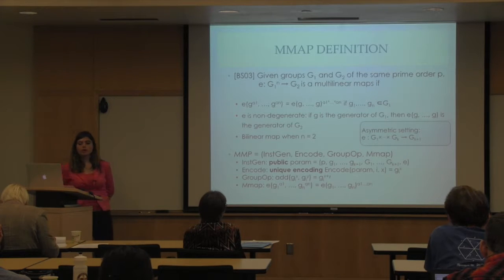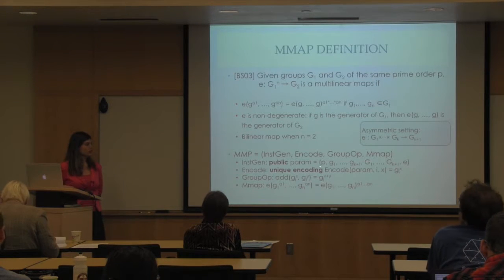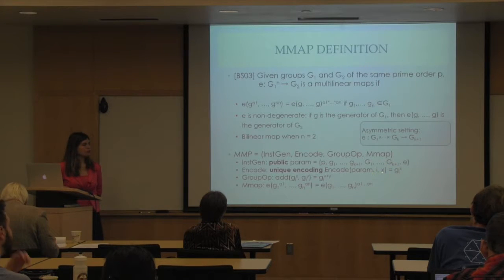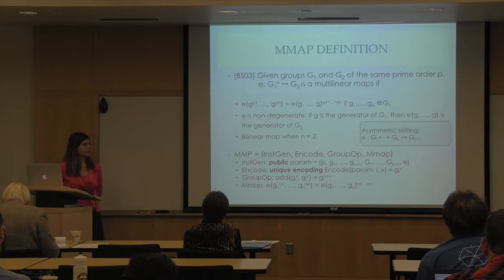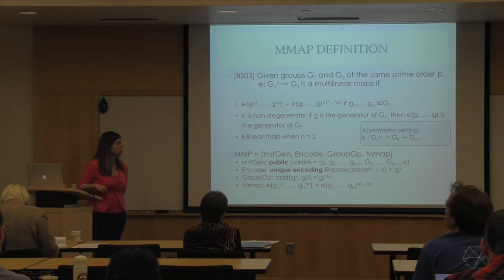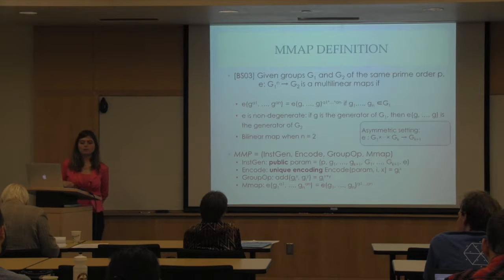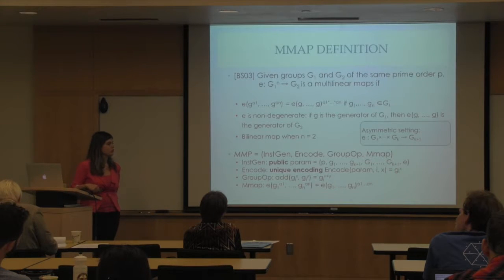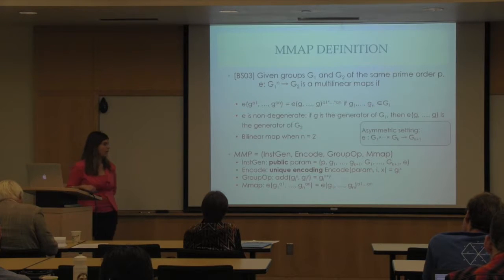Then we want to have an encode function that tells us how to take an element x and produce an encoding of this element with respect to one of these groups. And here we want to have the property that we have a unique encoding, which means that we basically could test for equality of two encodings.